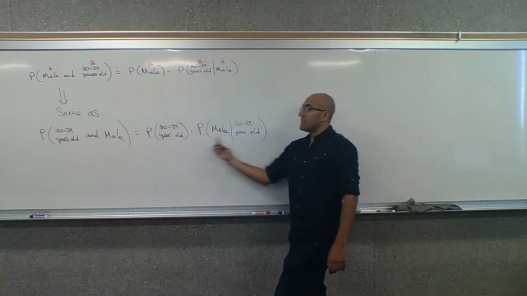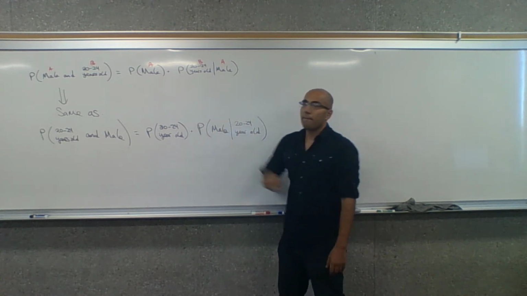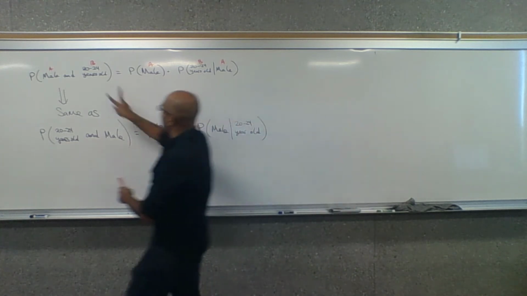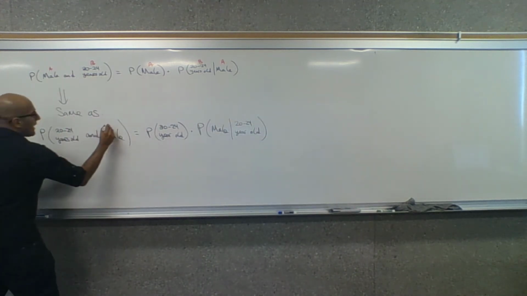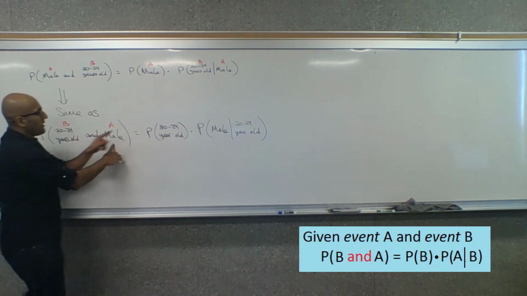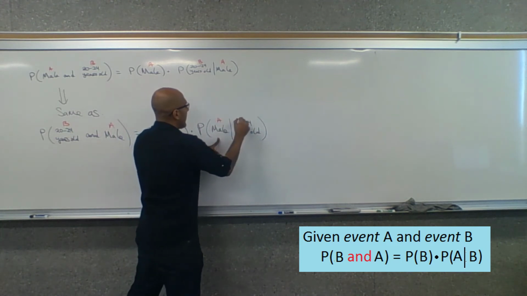Exactly the way it's written is important. So this first, times this, given that. Good. And in terms of the A and B thing again, if we're sticking to this, then the A is over there now, the B is over here. The probability of B and A is equal to the probability of B times the probability of A given B.